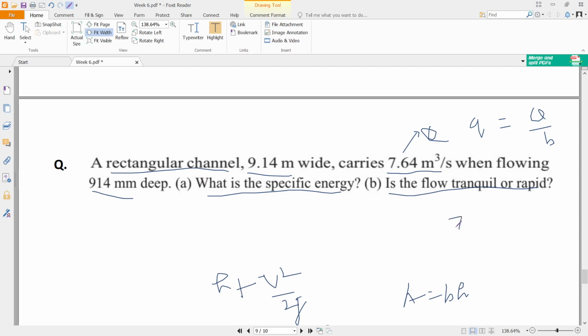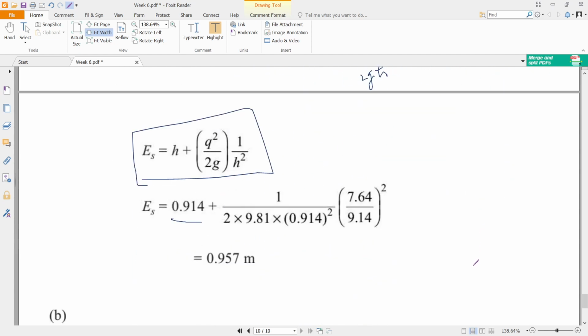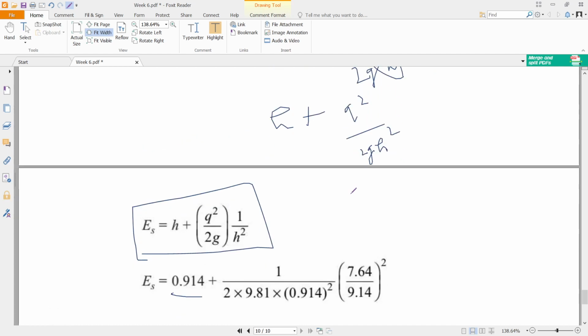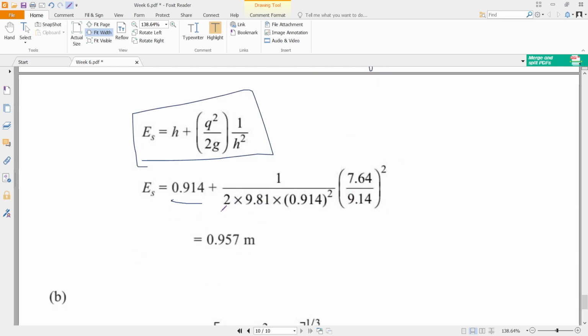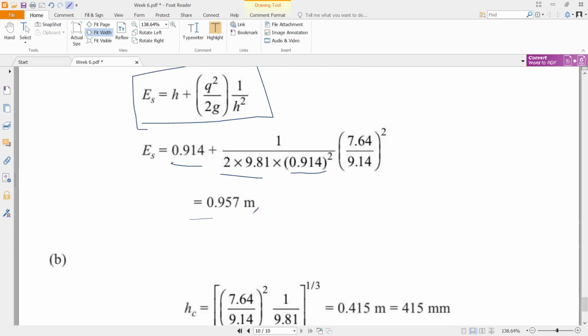So capital Q is 7.64, small b is 9.14. So 7.64 by 9.14 whole square, that is q square. 2 into 9.81 is 2G. H square is 0.914 square. So the specific energy is 0.957 meter. Okay, this is the specific energy.